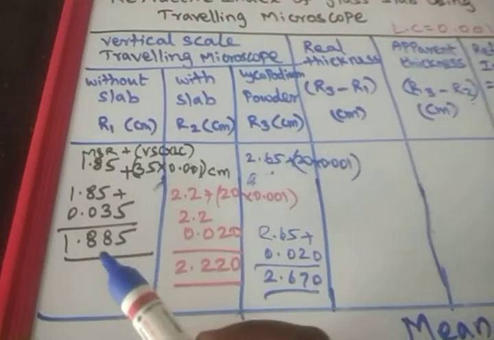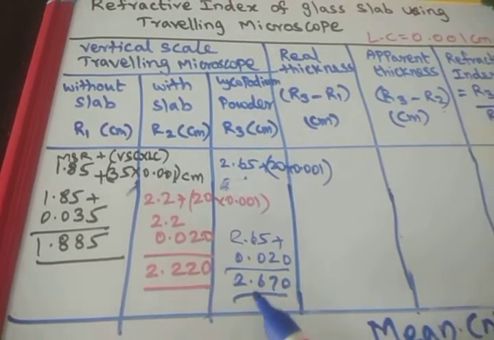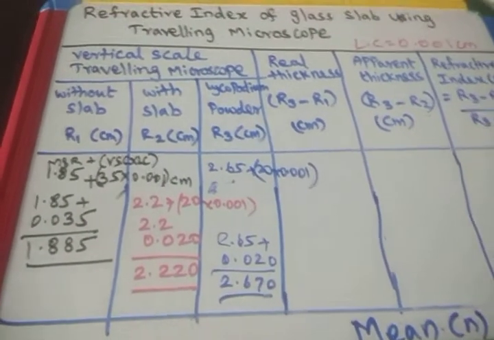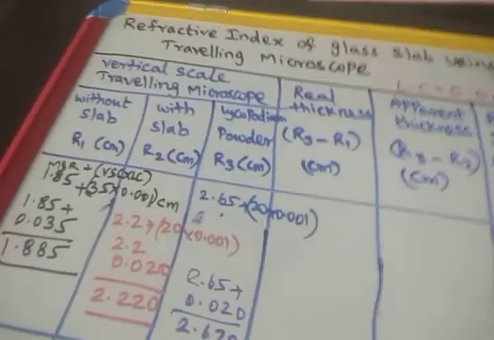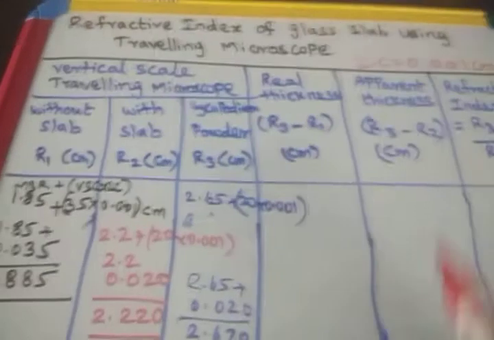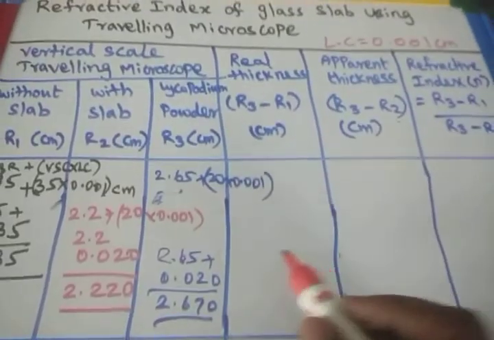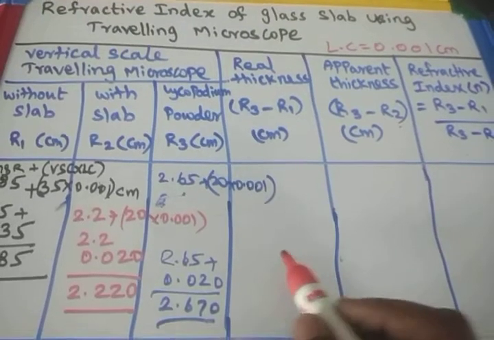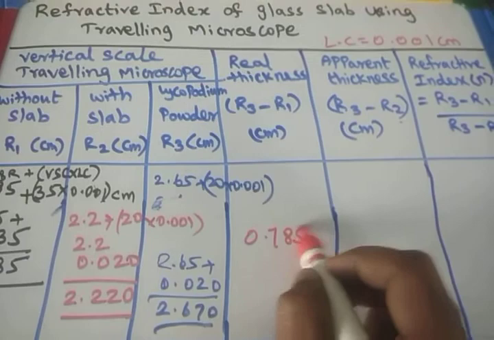So the R1 value is 1.885, R2 is 2.220, and R3 is 2.670, corresponding to without slab, with the slab, and with lycopodium powder. Now R3 minus R1 is the real depth, which is 0.785.